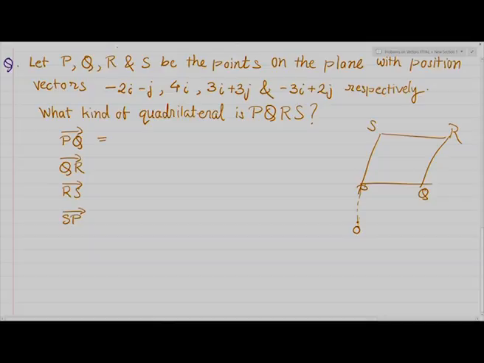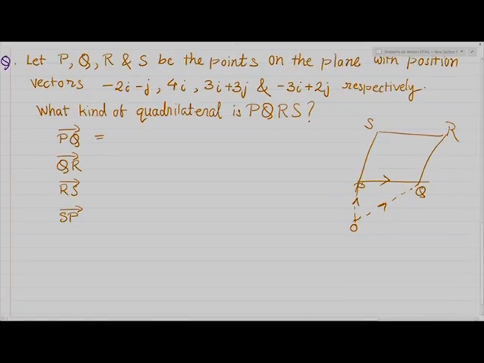So if I want to obtain PQ bar, you have done it several times, let me repeat it once. So this is OP bar, then you go to Q. So OP bar is in this direction and OQ bar is in this direction. So we want to find what is PQ bar.